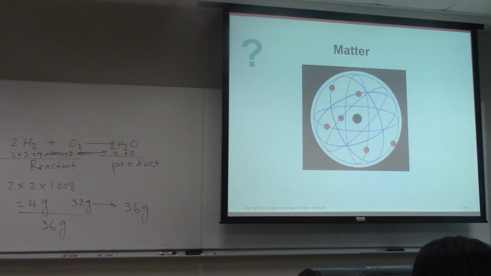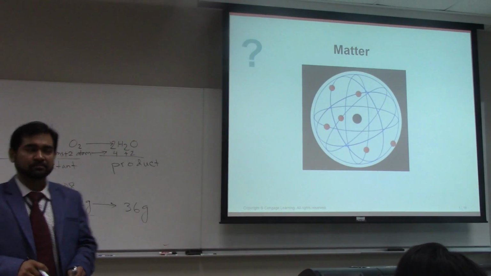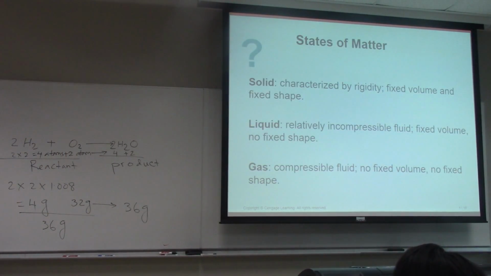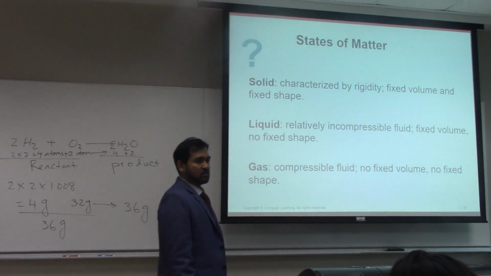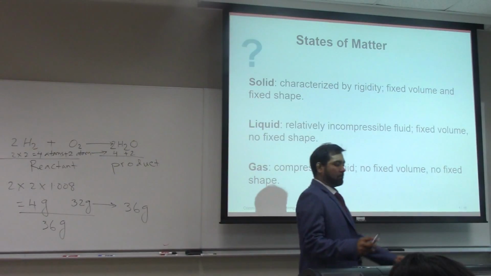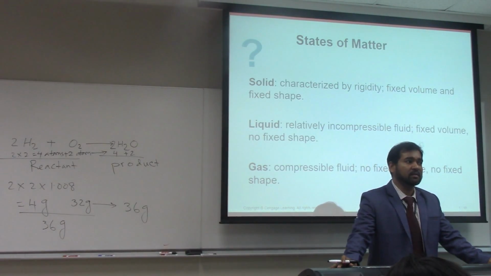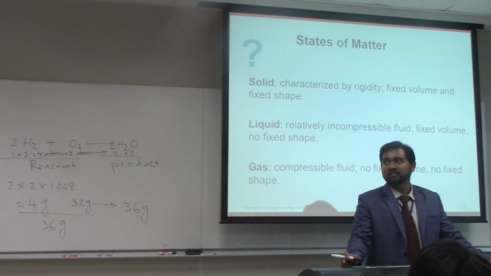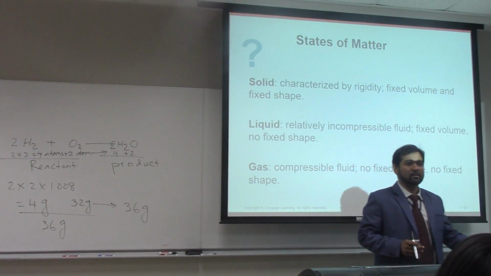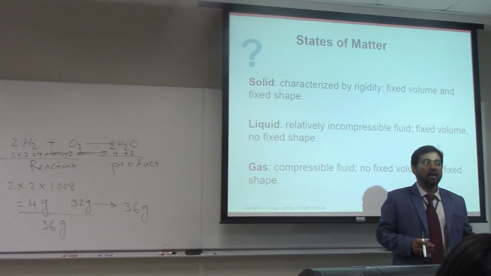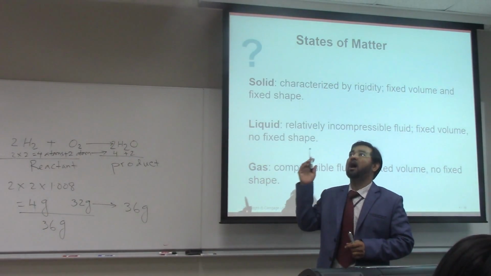So in the chemistry definition, matter is, in simple terms, as all of you know, based on the state, of 3 types. First is solid, and liquid, what we drink, and the third one is gas.